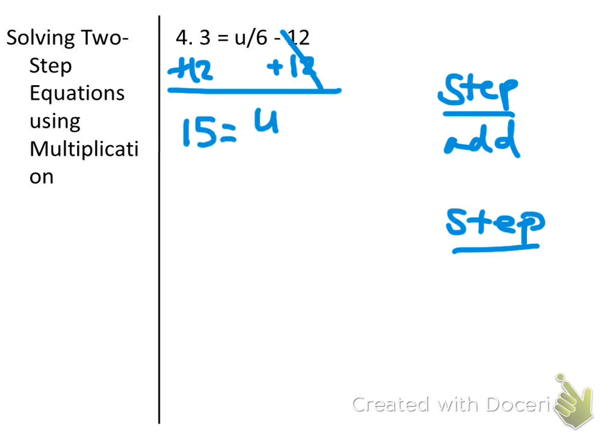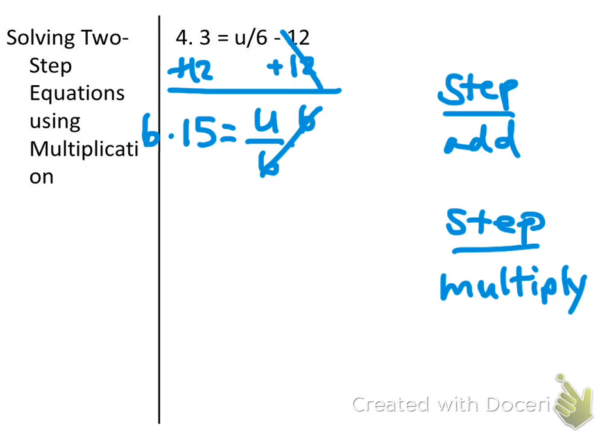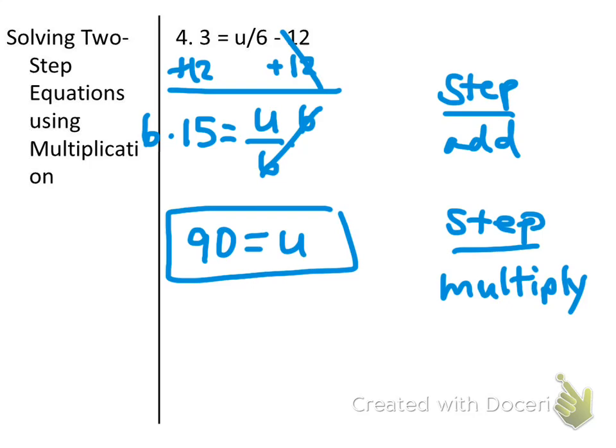Bring down u divided by 6. So we're going to do the opposite of division, which is multiplication. So we're going to multiply times 6 to isolate our variable. Whatever I do to one side, I do to the other. So I have 15 times 6, which is 90. That is correct. So u equals 90.